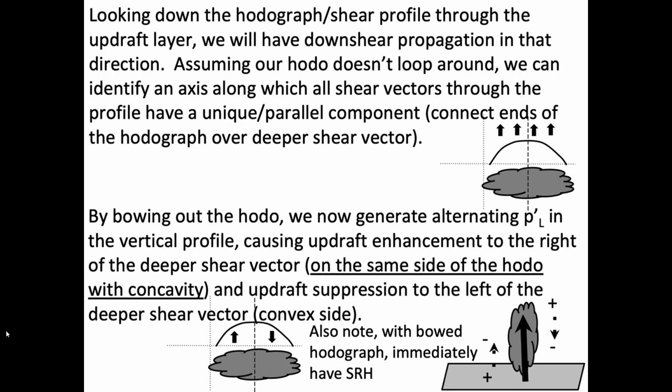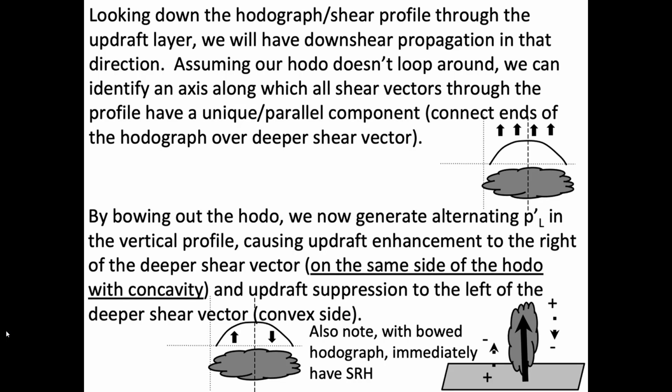Here's our bowed-out photograph. We'll have a deep shear vector that goes from west to the east with vortex tubes that go from south to the north. By bowing out the photograph, we generate an alternating linear perturbation pressure pattern in the vertical profile, causing an updraft enhancement.